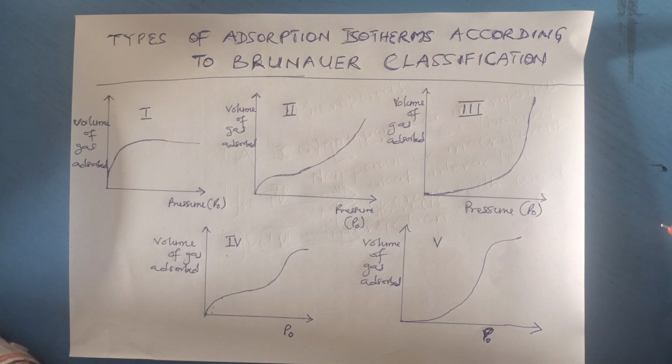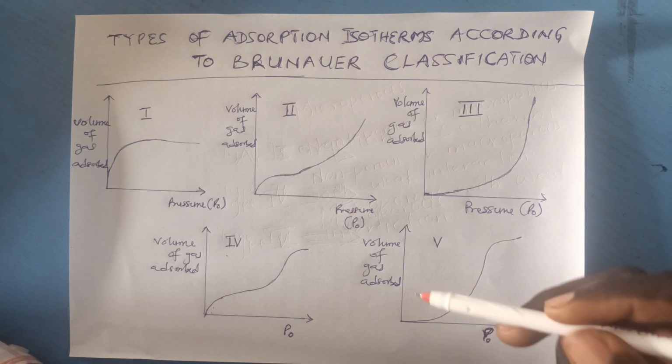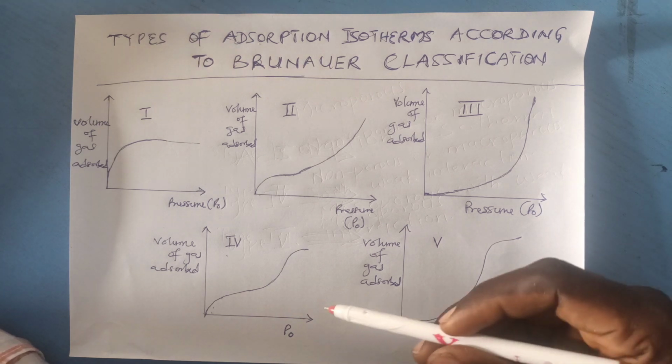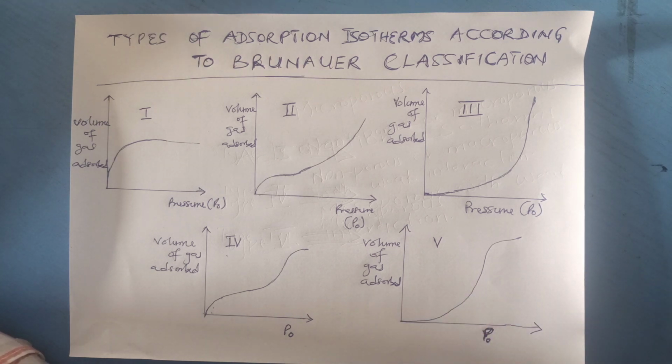When you use a mesoporous adsorbent, you may be bound to have this kind of adsorption isotherm. An example of an adsorption experiment where this can occur is adsorption of water vapor on activated carbon at a particular temperature, like 30 degrees C. You may have this kind of isotherm coming out.